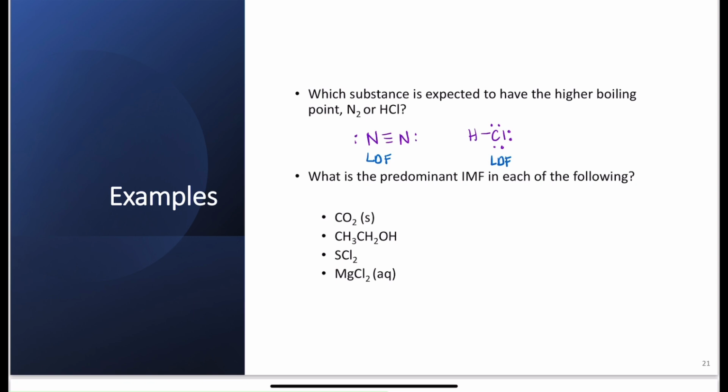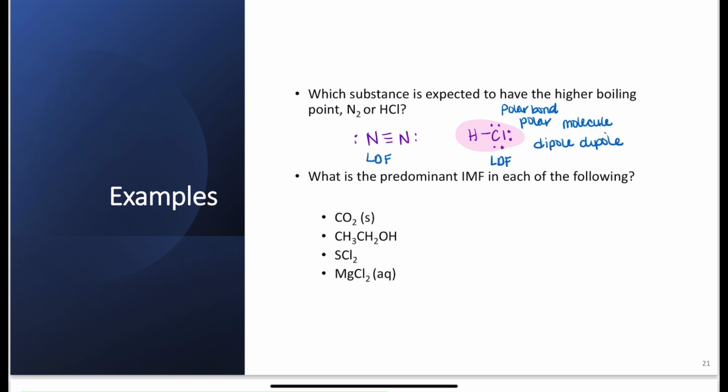It doesn't have anything else. It just has LDFs. Whereas HCl is also a polar bond and a polar molecule. So it has dipole-dipole. Hence, the higher boiling point here will be this molecule.